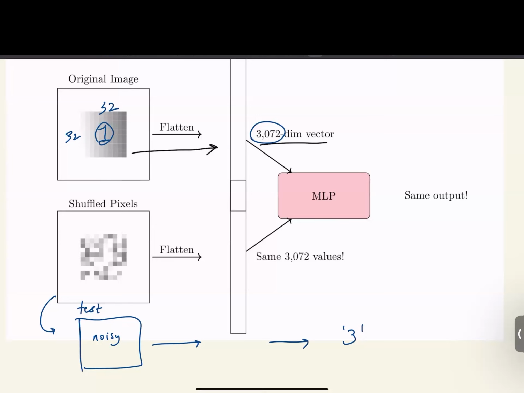Let's ask ourselves what we are expecting the MLP to do and compare it to what we do as humans. The reason humans are able to see is because our brain has a lot of information and knowledge about the world. It has some expectation, some regularity that works like a structure.